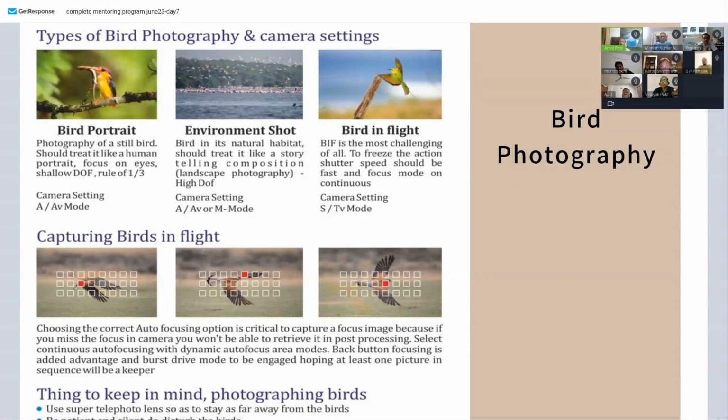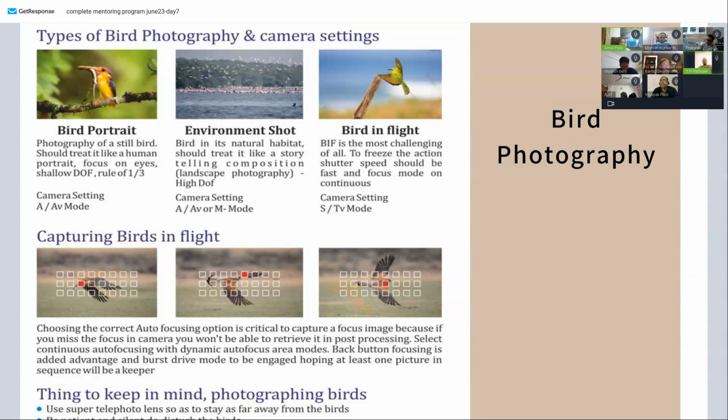So in that respect, yes, but then it depends on the action happening. A big bird like an eagle will flap its wing once in 1 second, slow and gracefully. The same hummingbird will flap 40 times in 1 second. So you need a faster shutter speed for a hummingbird than for an eagle, for example.